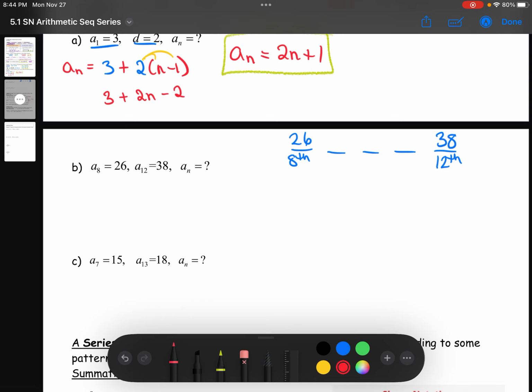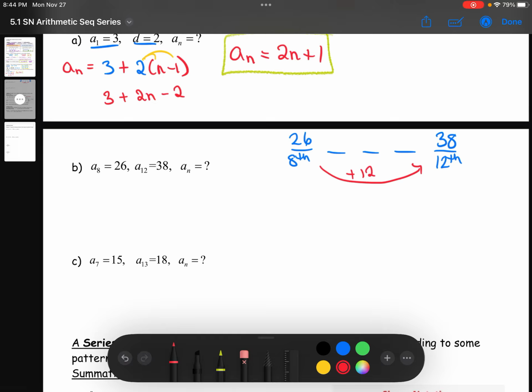Okay, so we can treat this common difference like a slope, because it is the slope of a linear equation. Okay, we need to figure out how far we need to go and in how many spaces. So what we need to do to get from 26 to 38, we need to go up 12.